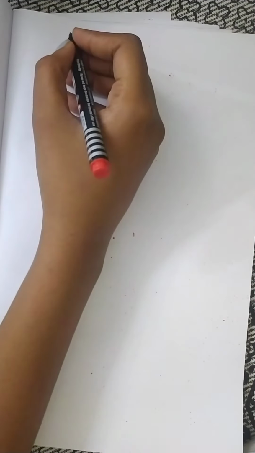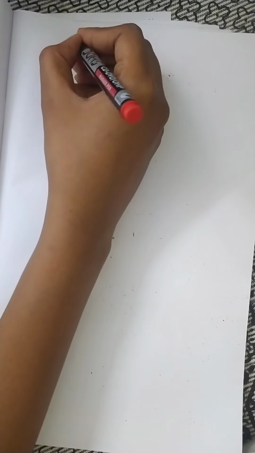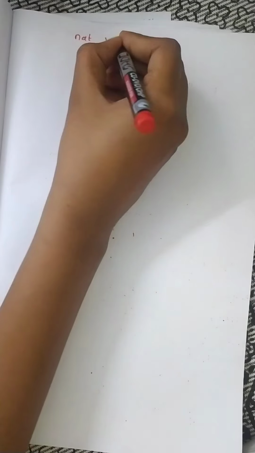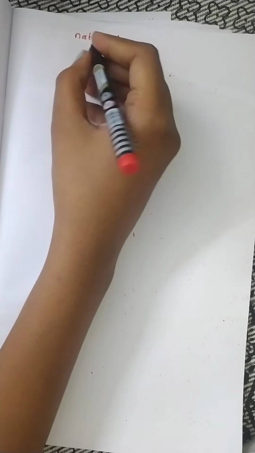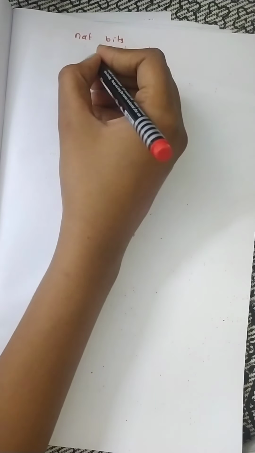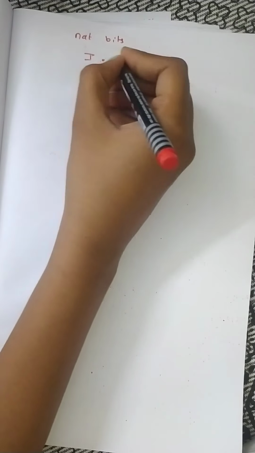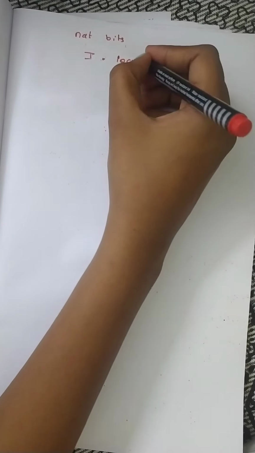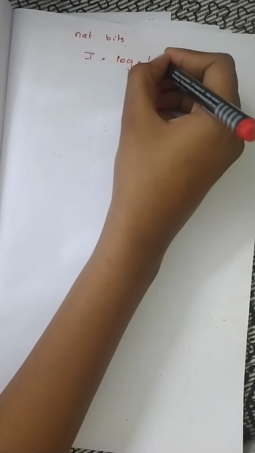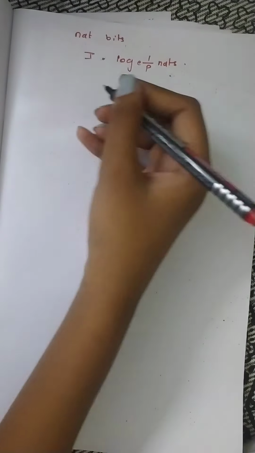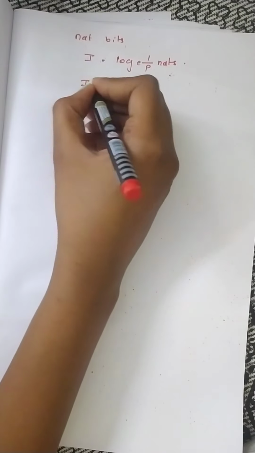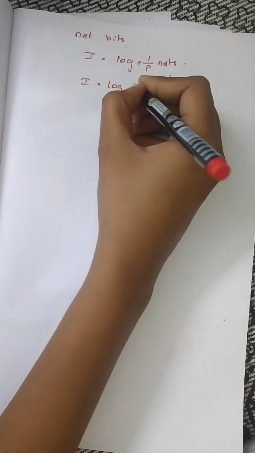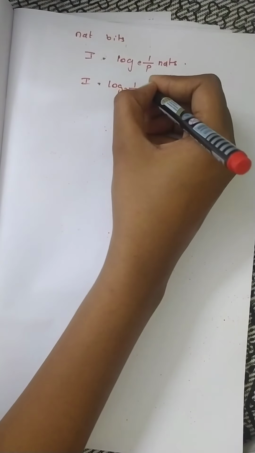Similarly, you have to find the relation between nats and bits. Again I can write I is equal to log 1 by P to the base e nats, and for bits I is equal to log 1 by P to the base 2 bits.